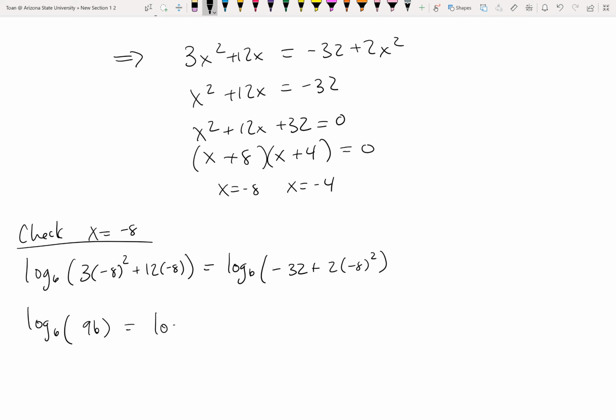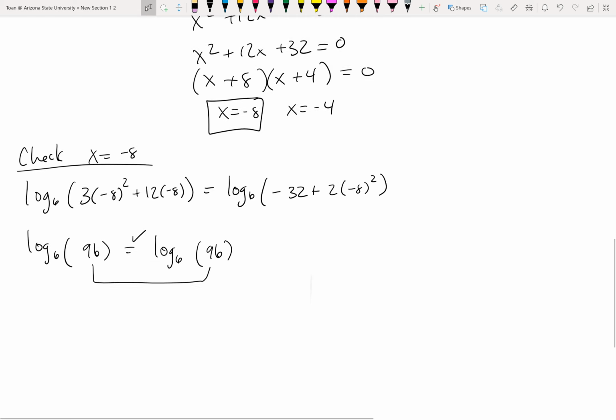And that equals log base 6 of 64 times 2, minus 32, which gives us 96 as well. So here, they both match and they're both positive. So this is a good answer. We keep him.